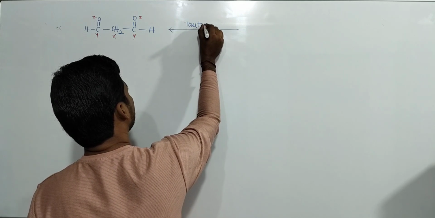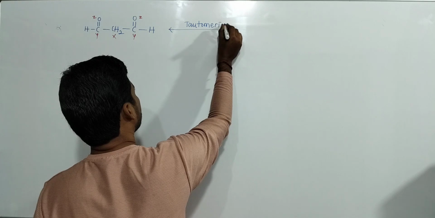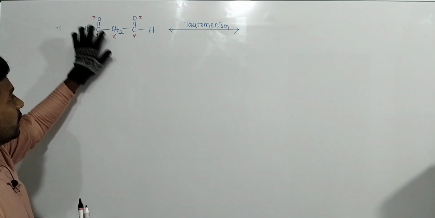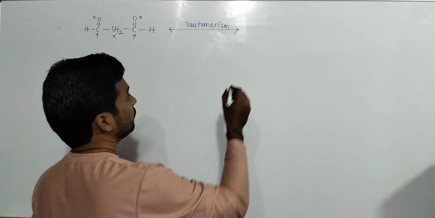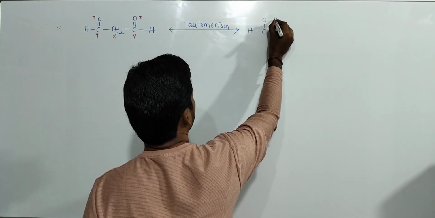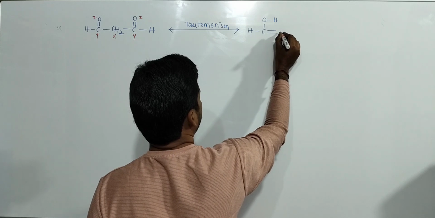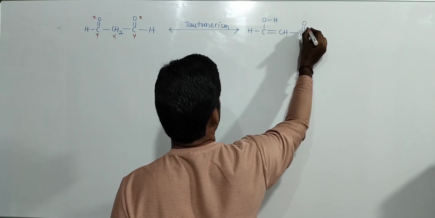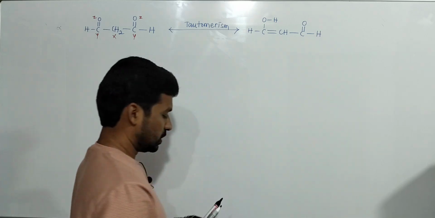Tautomerism means transfer of proton between 1 and 3 position, so from X position to Z position. If transfer of proton takes place, Z gets hydrogen and between X and Y there is a double bond, CH2 becomes CH, and this is the same.